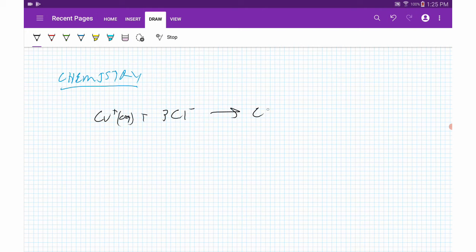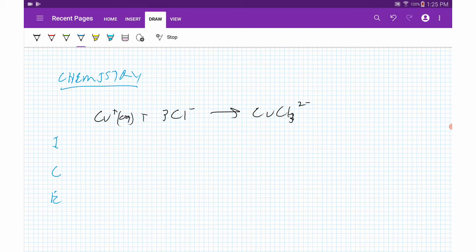So from the chemistry, the chemistry says that we have a cell that is being controlled by the complex ion formation of copper plus chloride reacts to produce this complex ion right there.